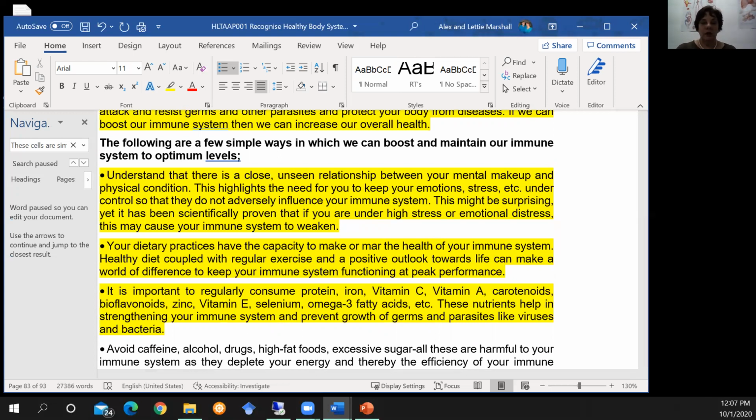Question 17, what are the benefits from health promotion and maintenance?